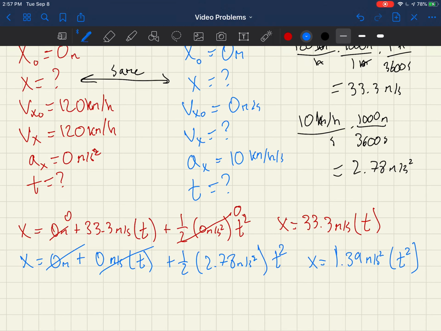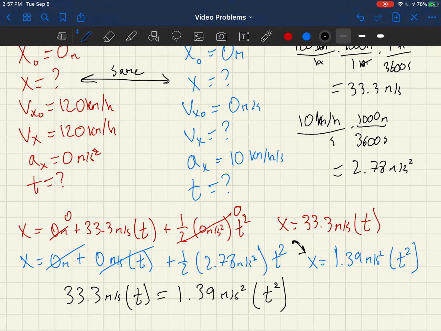Now, again, we talked about this, these x's are the same. So what happens if we just make those equal to each other? We're left with 33.3 meters per second times t is equal to 1.39 meters per second squared times time squared.